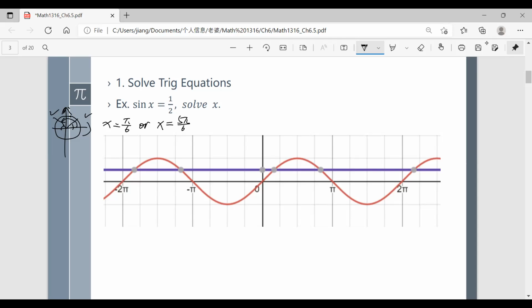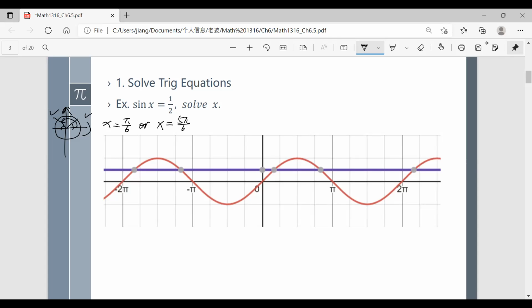Because we have learned that sine x is the red curve like this, and 1/2 means y's value is 1/2. Just like we draw y equals 1/2, this purple line, the intersection, this intercept, that's where y equals 1/2 for the sine function.